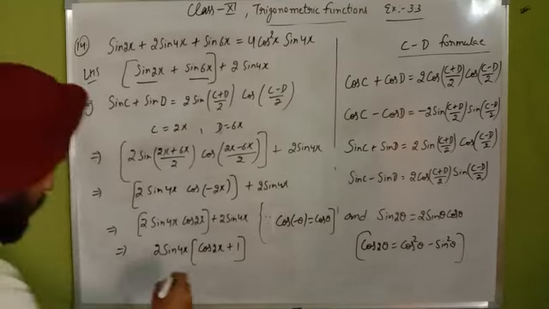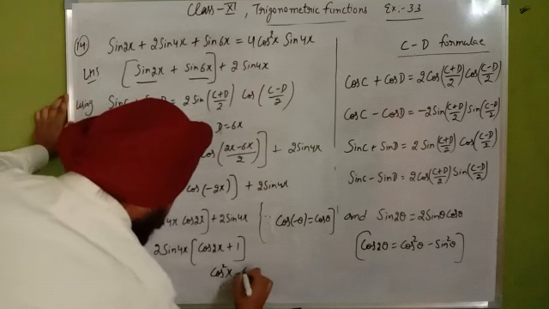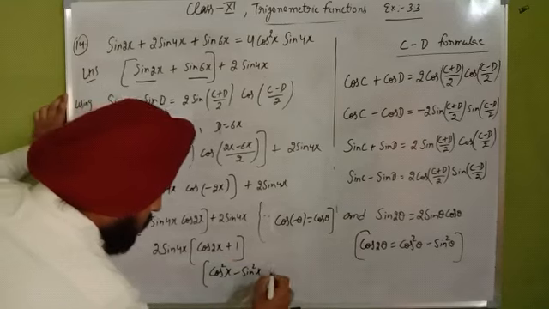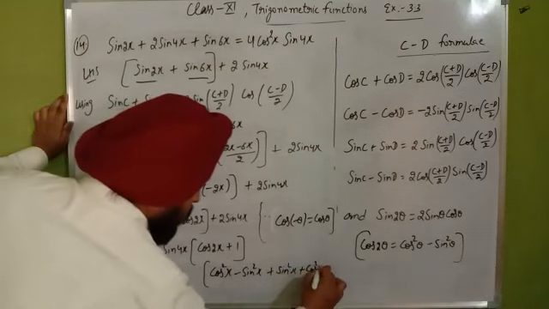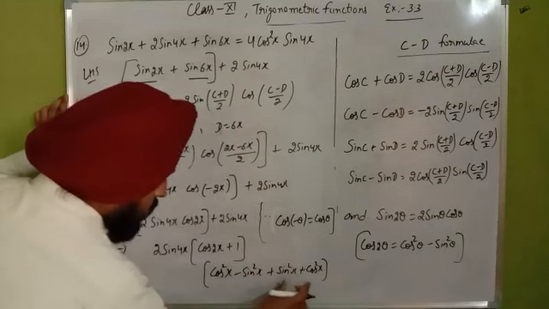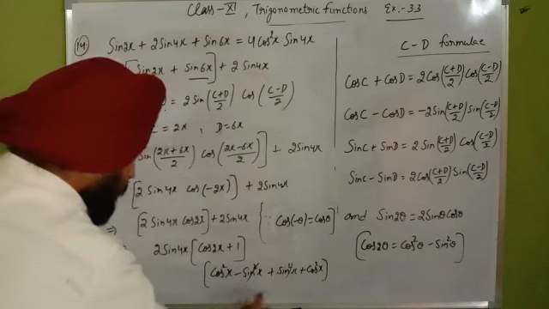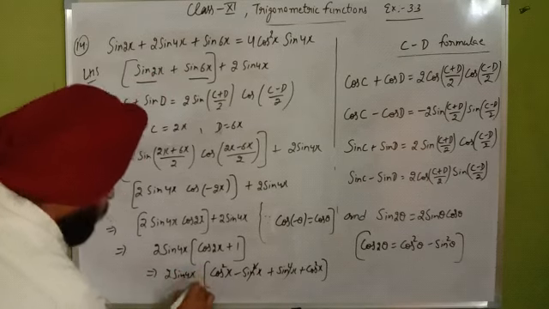So write it as cos square x minus sin square x, and the value of 1 can be written as sin square x plus cos square x. Remember, the value of sin square plus cos square is 1. So we can cancel sin square with sin square. This 2 sin 4x as it is, 2 sin 4x.